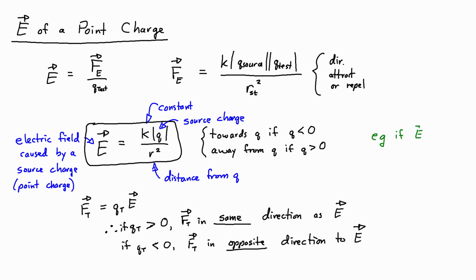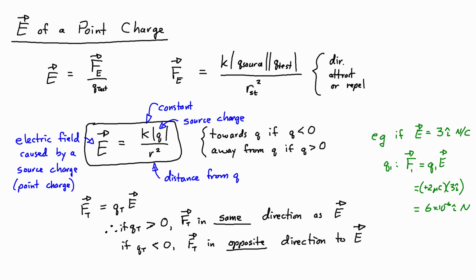For example, if the electric field at a given point is 3 i-hat newtons per coulomb, then I can have Q1 at that point, and the force on Q1 at that point would be equal to Q1 times E. If Q1 is, say, 2 microcoulombs, so positive 2, then I would substitute in positive 2 microcoulombs times 3 i-hat newtons per coulomb, and I would get 6 times 10 to the negative 6 i-hat newtons.